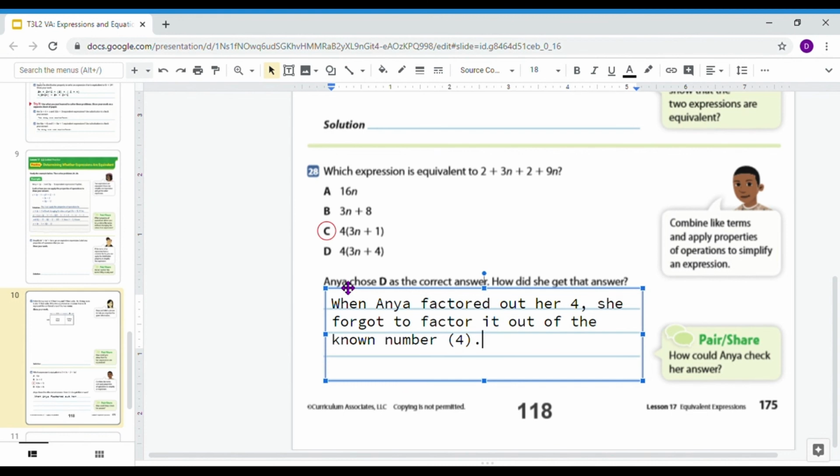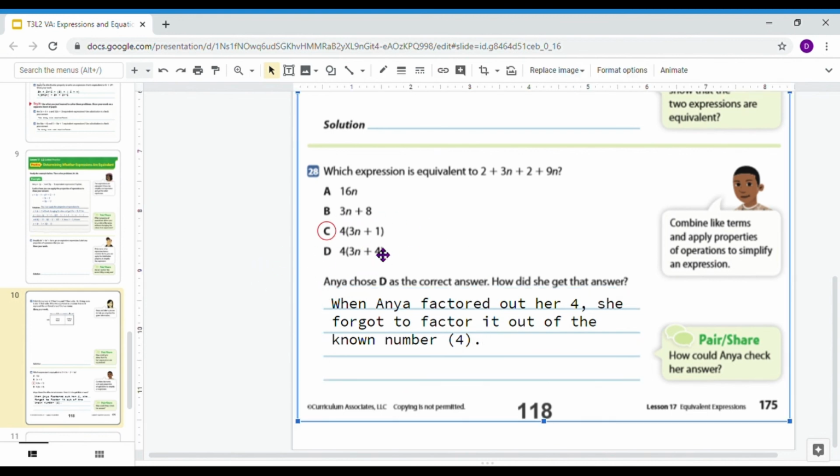So when she forgot to do that, and if she were to go back and check her answer here, she would say, okay, our original looked like this, but if you remember, we got to 4 plus 12n. She would do 4 times 3n, and she gets 12n, and that's perfect.